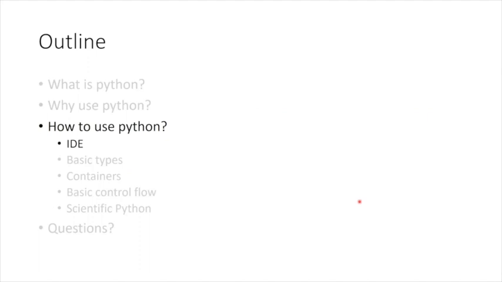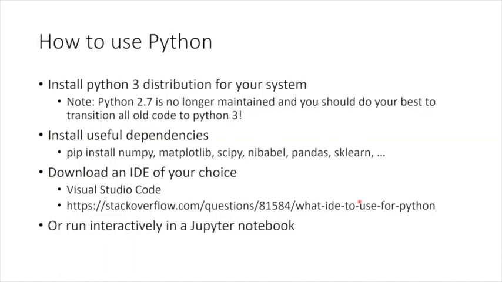Okay, so now we're going to go straight into how to use Python. To start, we want to use Python 3 from now on. Python 2.7, as of January 1st, is no longer maintained, which just means that they won't be releasing any more security fixes or bug fixes for it.